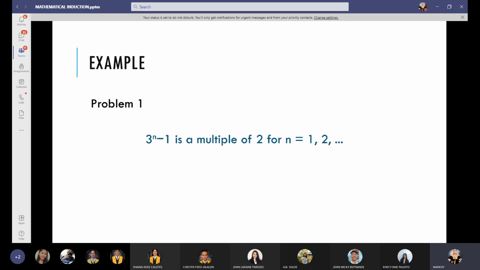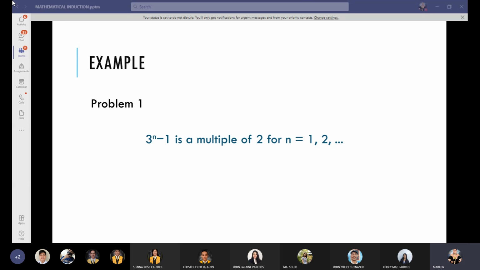All we need to do is to prove that the result of 3 to the power of n minus 1 is a multiple of 2, starting with 1.